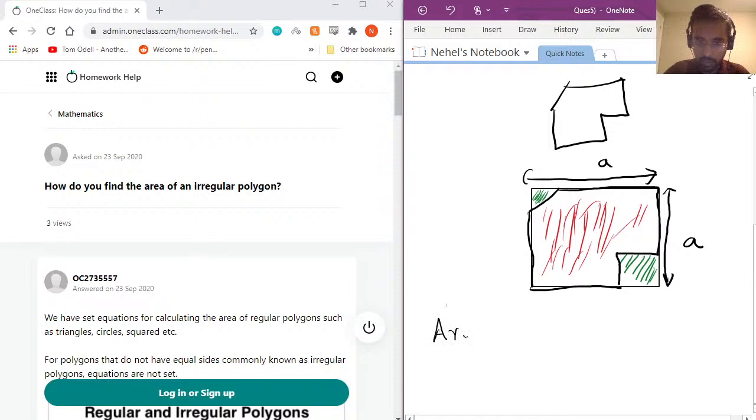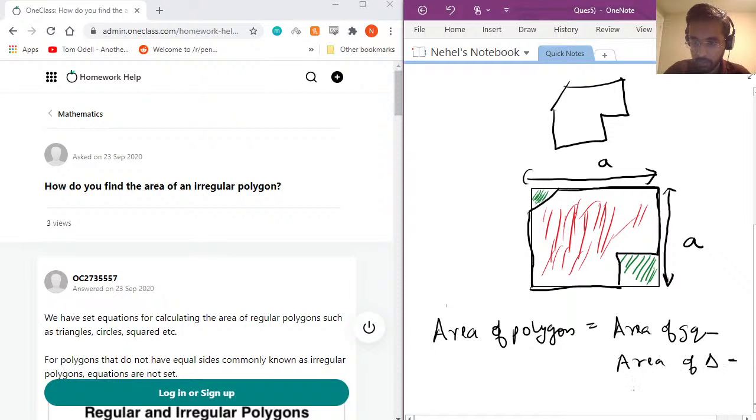So area of polygon equal to area of square minus area of triangle minus area of small square.